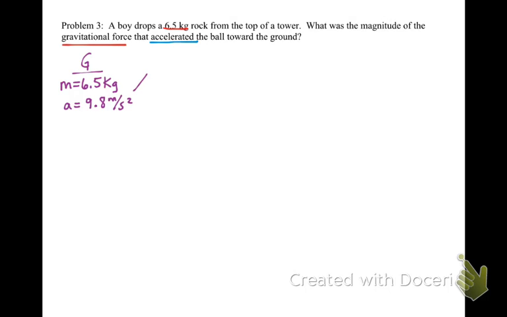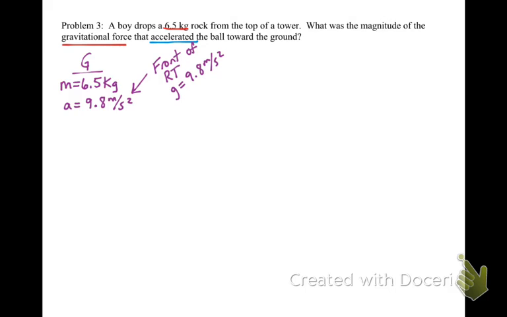This value is found on the front of your reference tables. Remember we discussed it a while ago? It's under G, and G equals 9.8 meters per second squared.